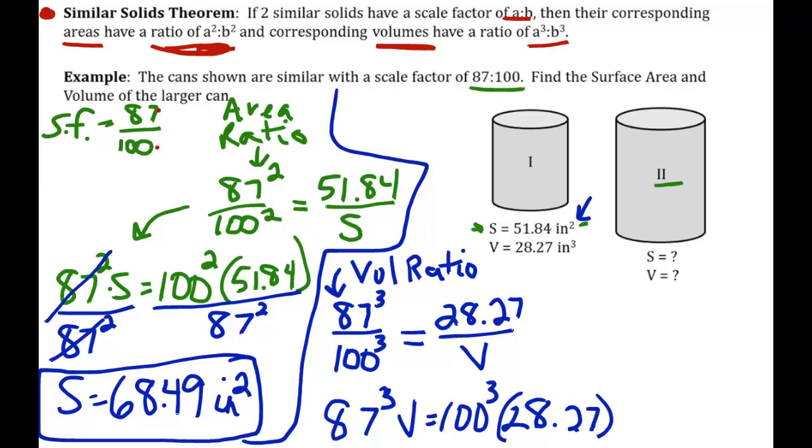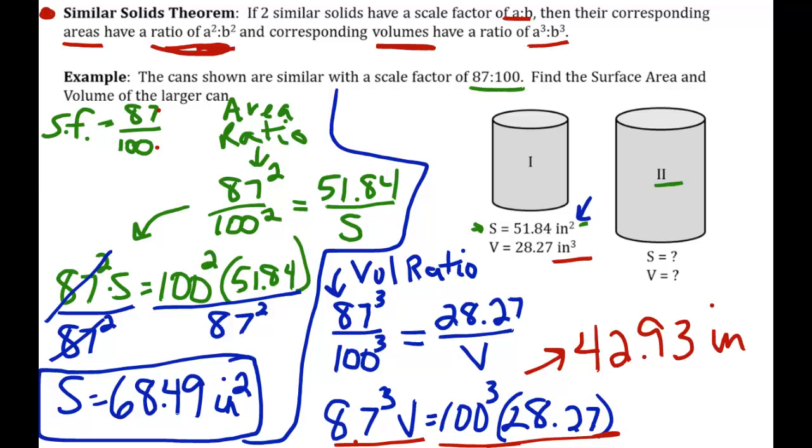Remember that then you're going to divide both sides by 87 cubed. So I'm going to put 100 cubed times 28.27, hit enter, and then divide by 87 cubed and get 42.93. And this is inches cubed, so remember to put your unit of measure on these. 42.93 inches cubed would be the volume.